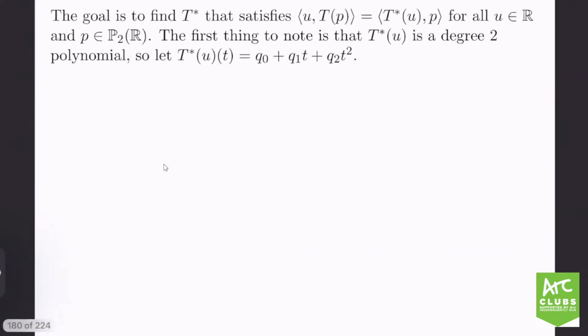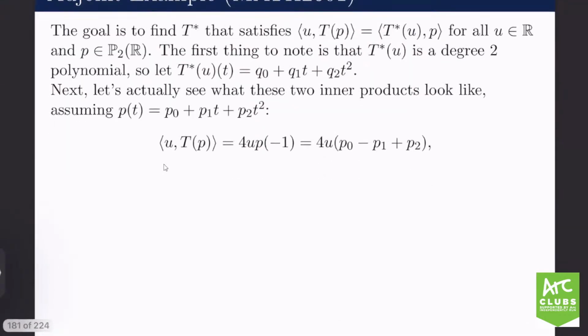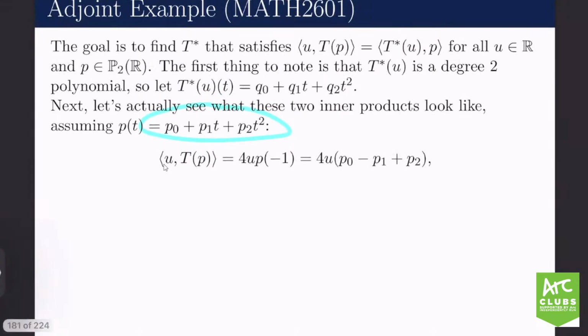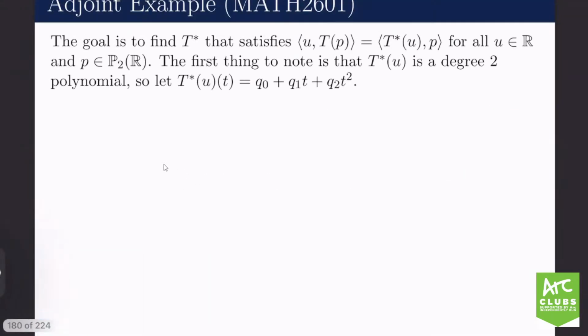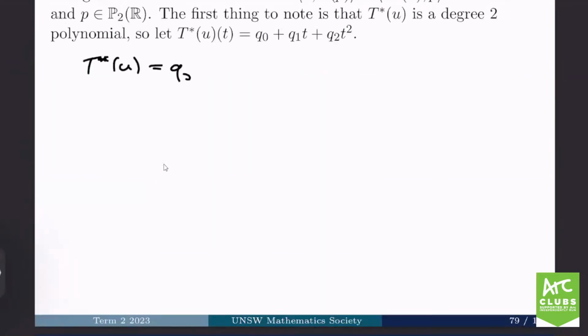Now in order to do that, we'll say p of t is just some arbitrary quadratic polynomial. And furthermore, keep in mind that T star of u will be another arbitrary quadratic polynomial, which we'll call q0 plus q1 t plus q2 t squared.